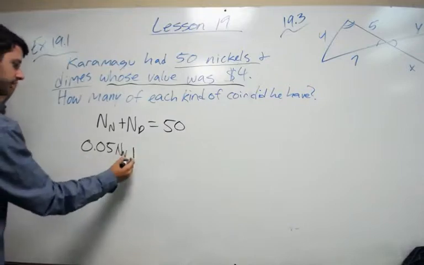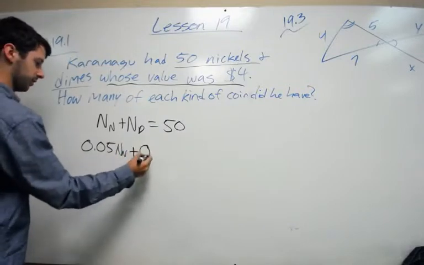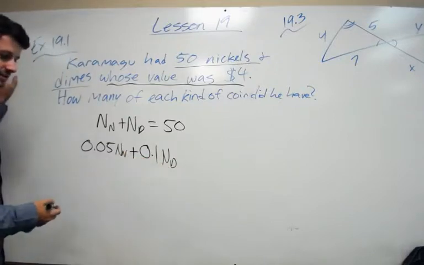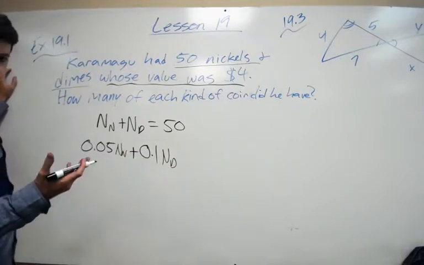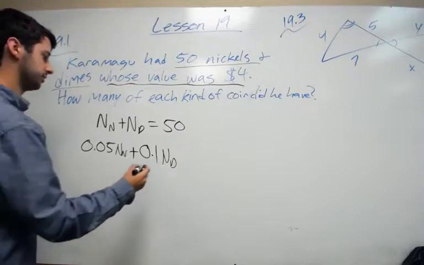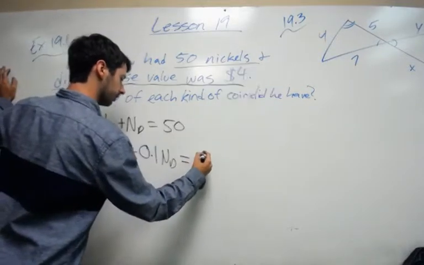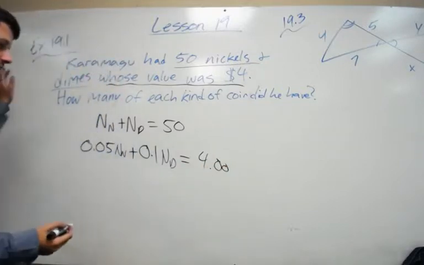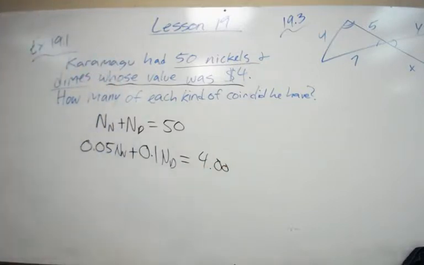Plus the value of a dime, 0.1, because a dime is 10 cents. So 10 cents is 0.1 out of 100, equals 4. I can put 00 for dollars if we want that, equals $4.